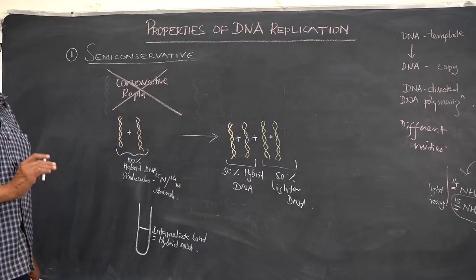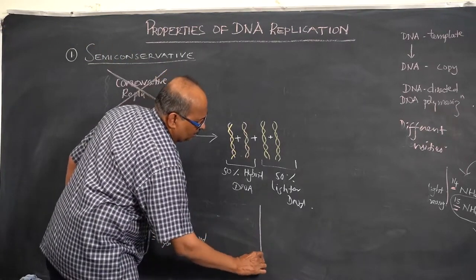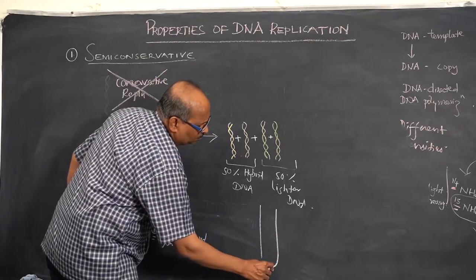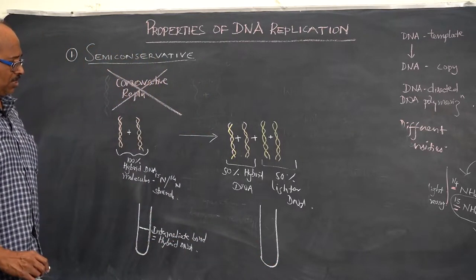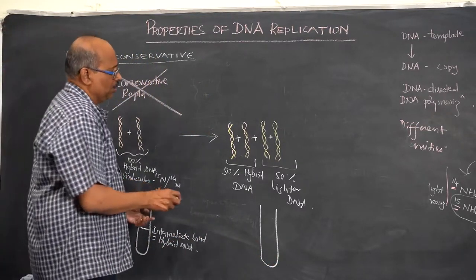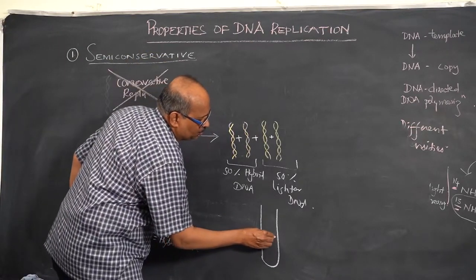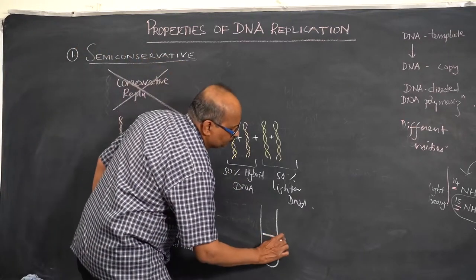That experimentally proves replication is taking place by a semi-conservative mechanism. So after 2 generations, if you go for the isopycnic density gradient centrifugation, you get one intermediate band.